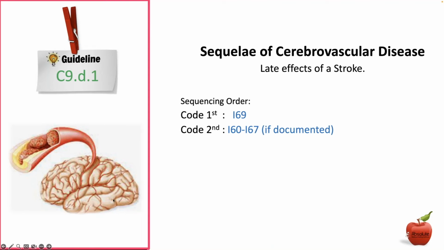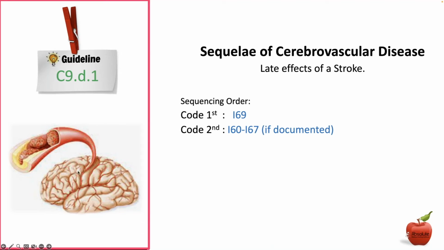If a patient has late effects of a stroke, let's say they are being seen for those late effects, you're going to sequence your late effects first, followed by the stroke if it's documented. If it's documented, keyword, if the reason for the encounter is the late effects, in the setting of a stroke, that's how you're going to sequence it. I69 first, and second, I60 through I67 if it's documented.